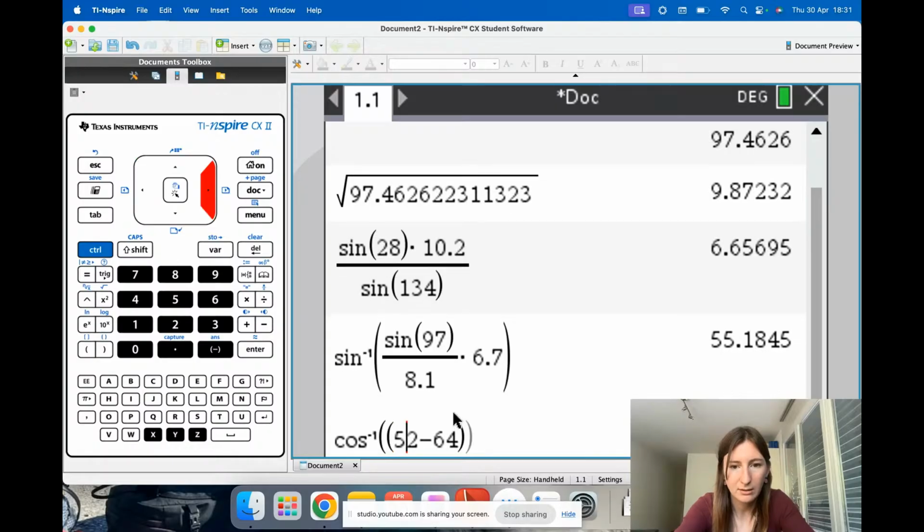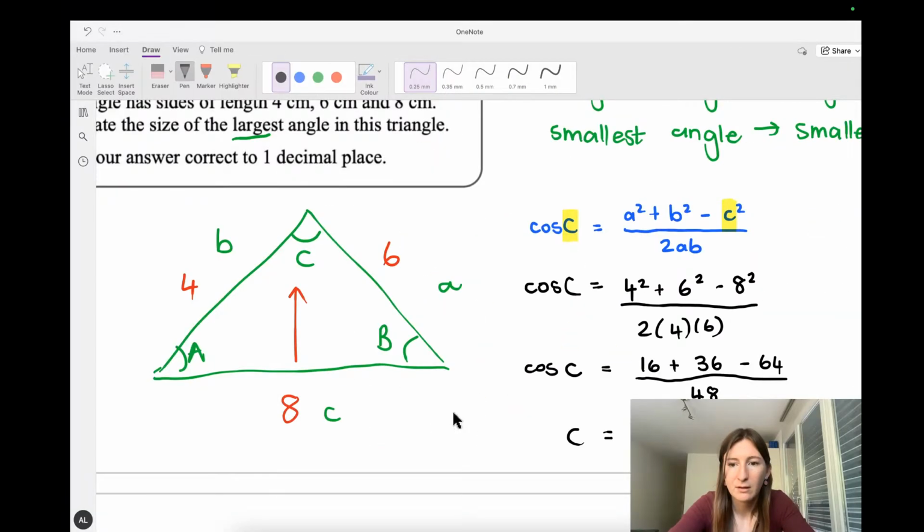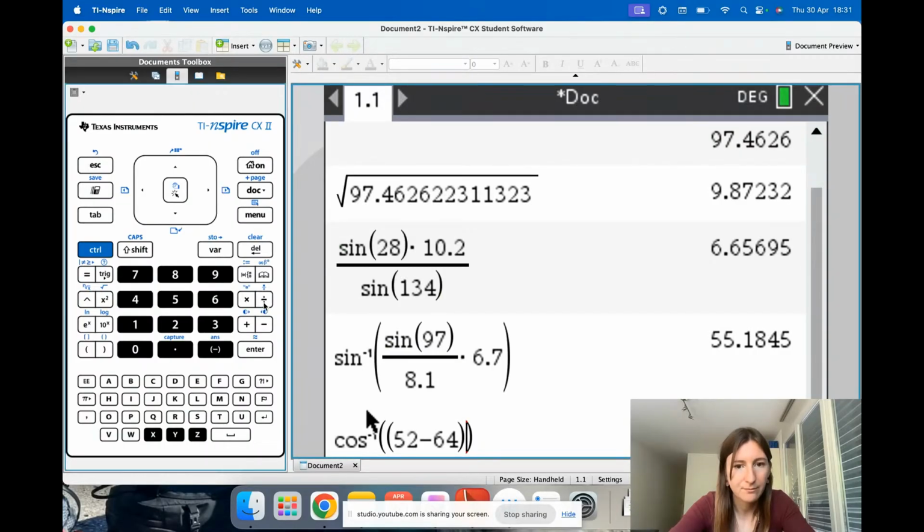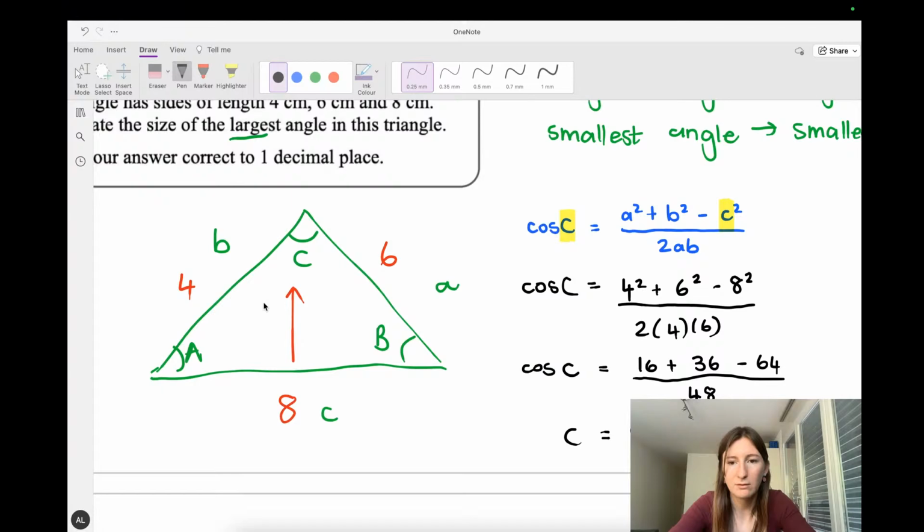Put another bracket there because we need to subtract first. Divided by 48. Was that all we needed? Yes.